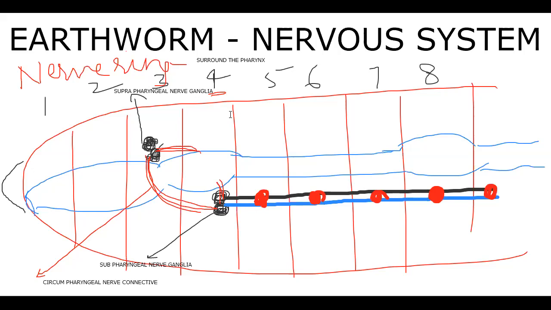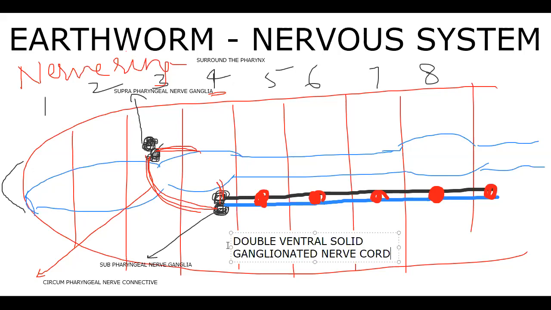So that's why this nerve cord is named double ventral solid ganglionated nerve cord. This is very important to be remembered. The red one I am showing is the ganglia.